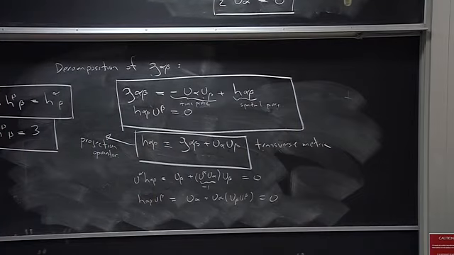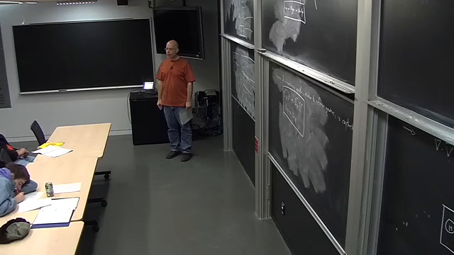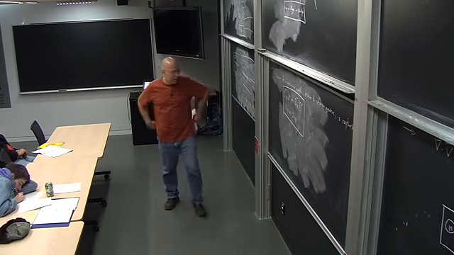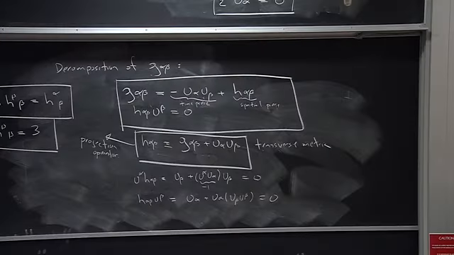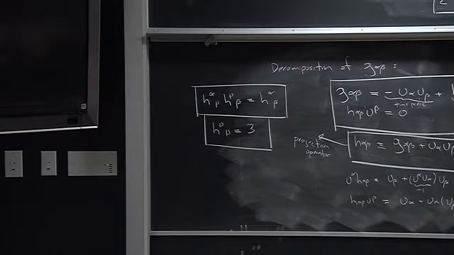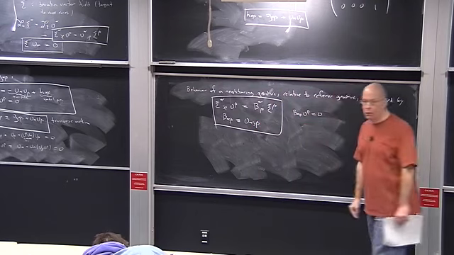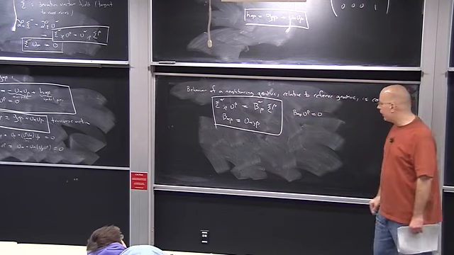Well, let's see what else we have. So we have B. Let's work out whether B has any time components to it. The claim is that there are no time components. We can prove very quickly that B alpha beta is 0 if you multiply it by U beta.